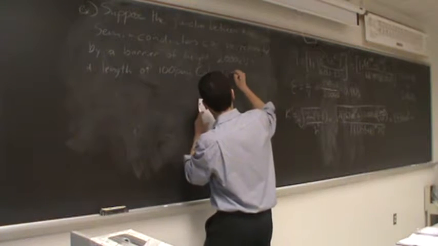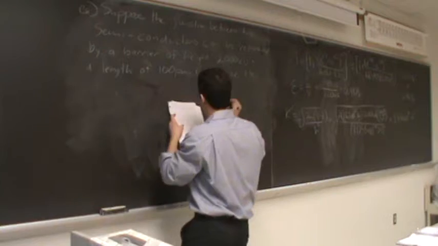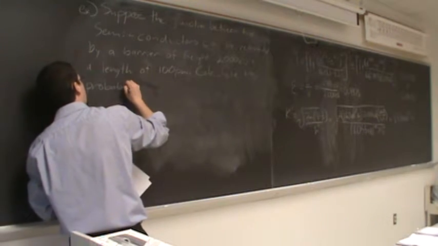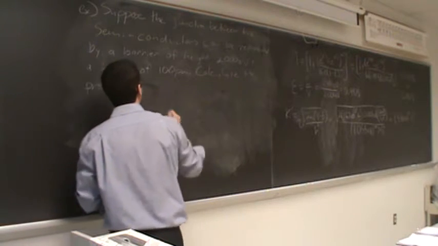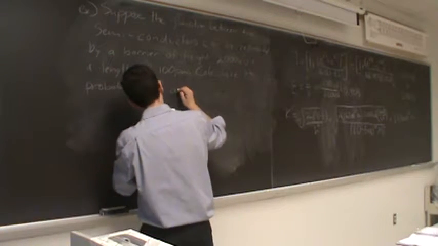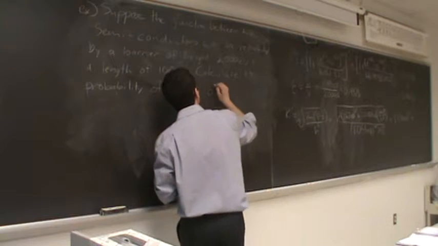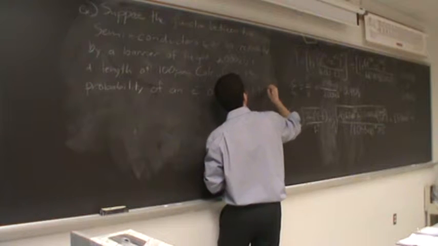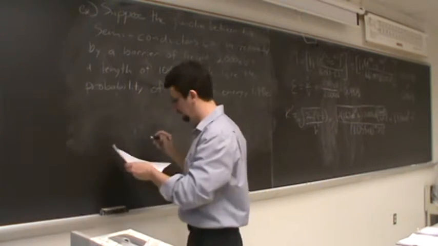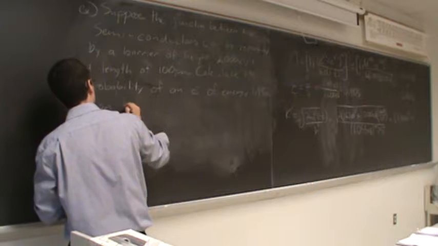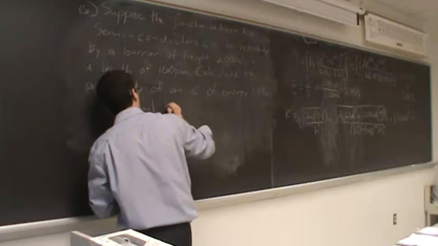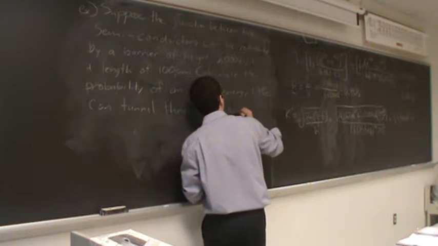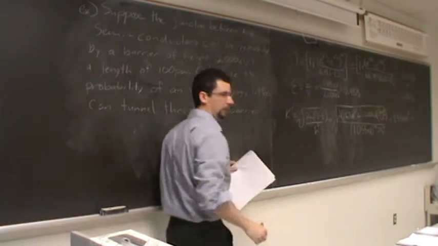Calculate the probability of an electron of energy 1.995 eV can tunnel through the barrier. So the ability for that to jump up.